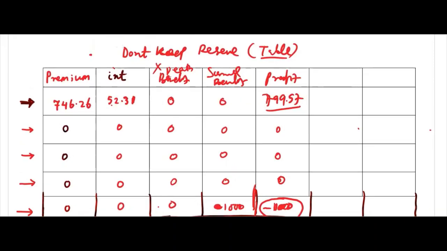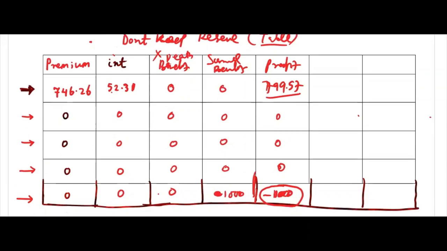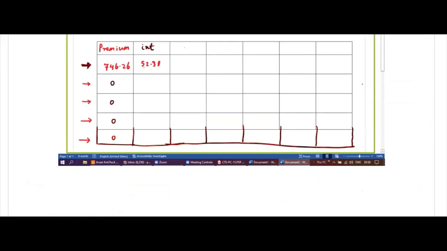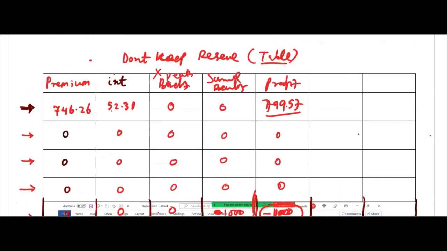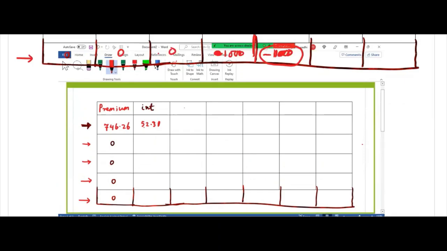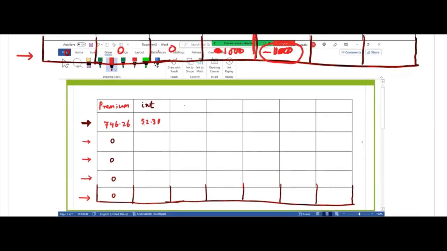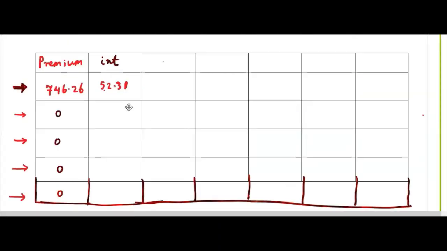But for logic development, this problem is so important, because you didn't do whatever you were supposed to. That's why I am discussing this problem. Otherwise I don't do. So now we'll do it with reserving.